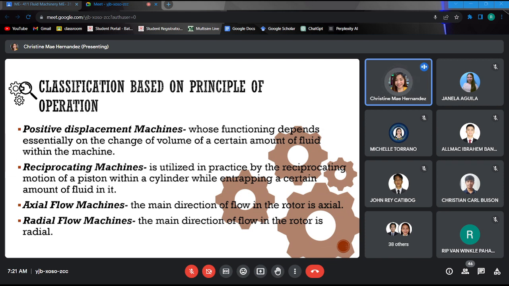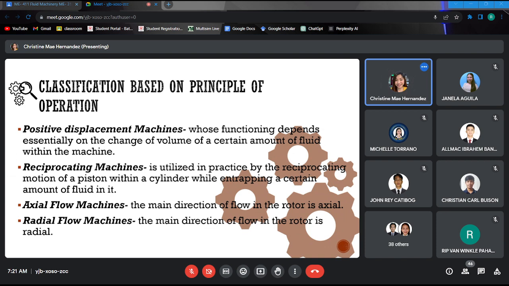So magkaiba lagi si turbines and si pump and compressors. So si radial flow turbines, the flow is towards the center of the rotor. O kaya tinatawag natin siya na radially inward flow machine. While si compressor naman, radially outward flow machine.